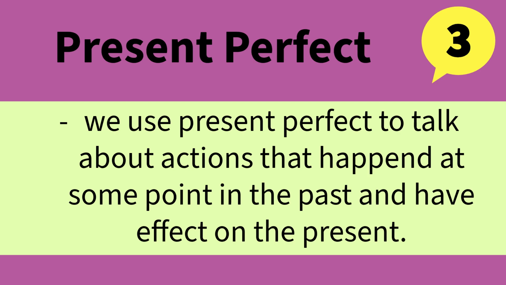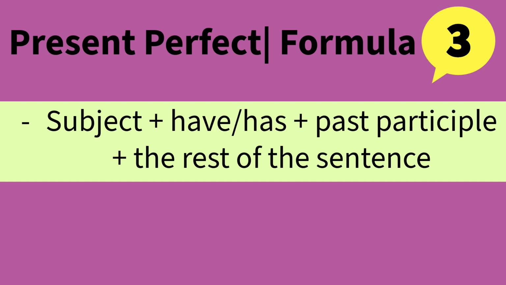The third tense is the present perfect tense. We use present perfect to talk about actions that happened at some point in the past and have an effect on the present. In order to form present perfect, we use this formula: subject plus have or has plus past participle and the rest of the sentence.